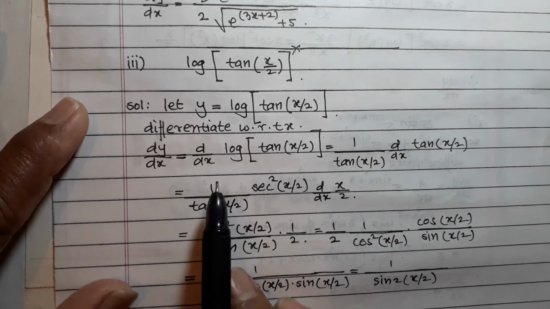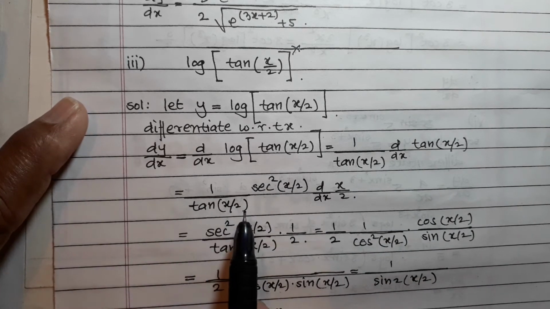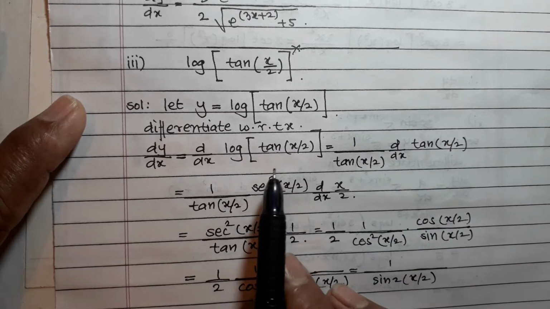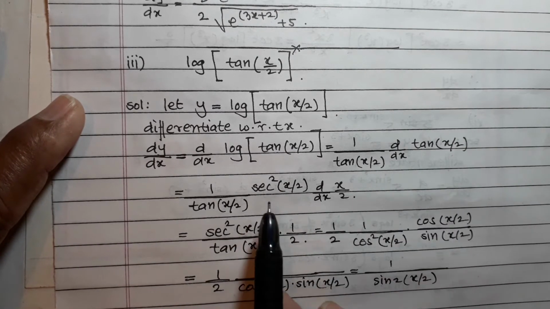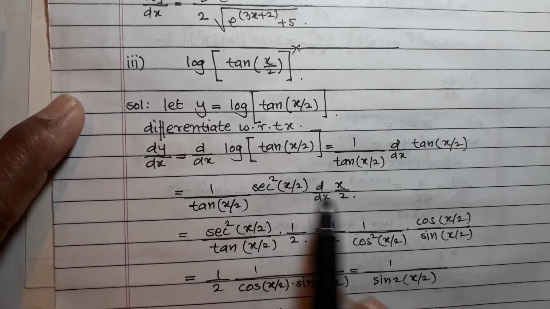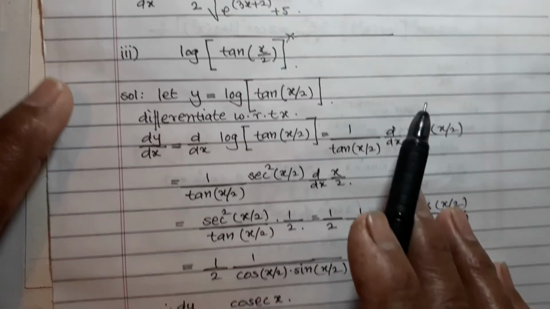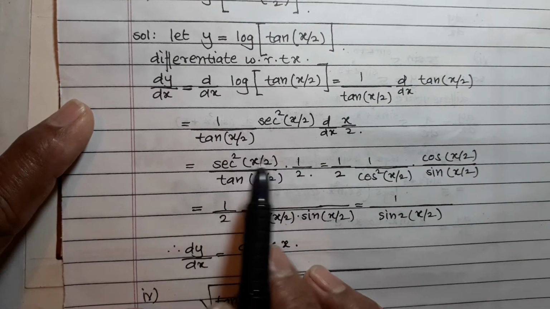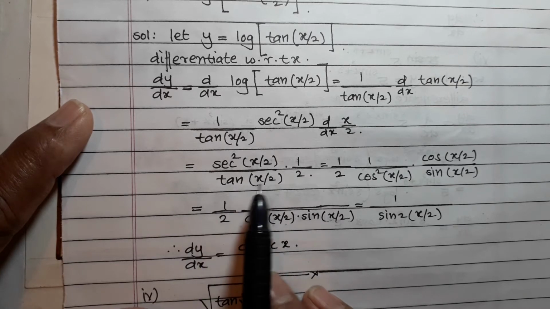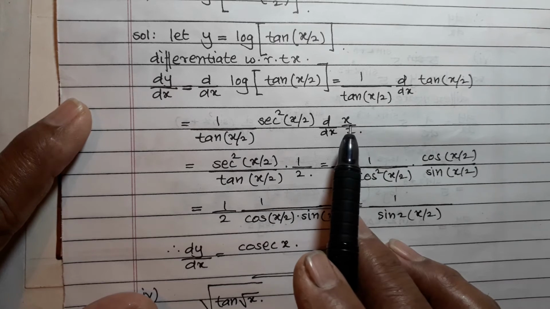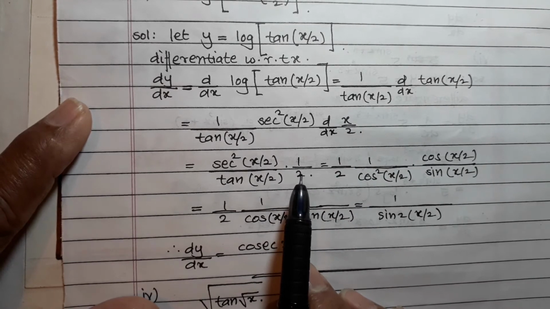So it is equal to 1 upon tan x upon 2 into derivative of tan, which is sec square x upon 2, and derivative of x upon 2. Okay, so this is equal to sec square x upon 2 upon tan x upon 2 into derivative of this, which is 1 upon 2.